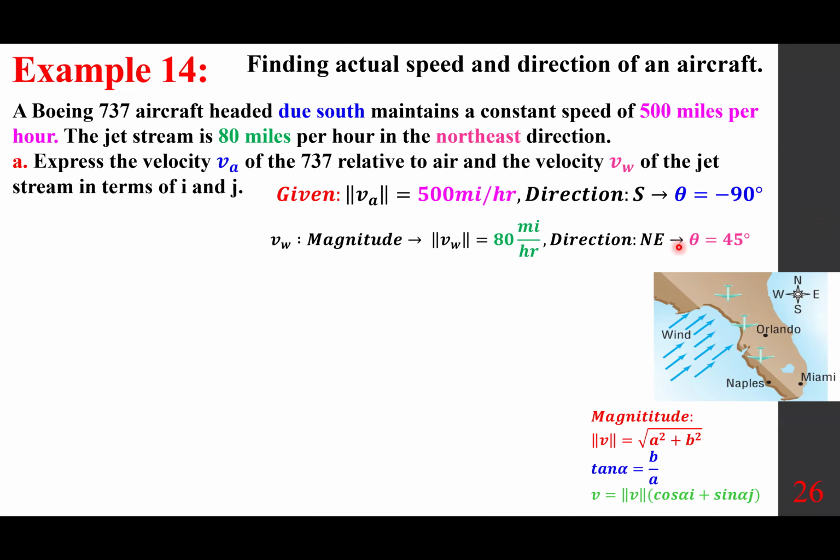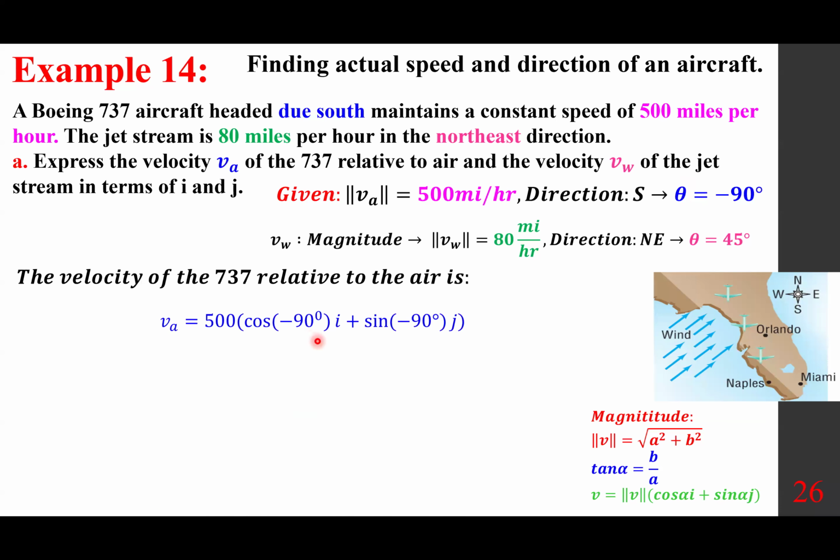Therefore, we go with this formula and we say the velocity of 737, we're going to use this. Okay. 500 cosine of minus 90 degrees i plus sine of minus 90 degrees j.